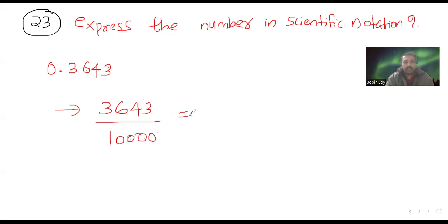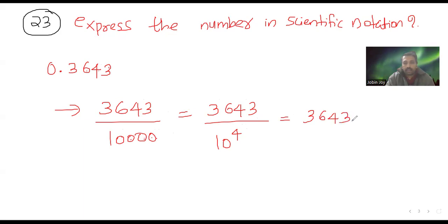So this will be equal to 3643 divided by 10 raised to 4, right? 1, 2, 3, 4. So this will be equal to 3643 into 10 raised to minus 4.